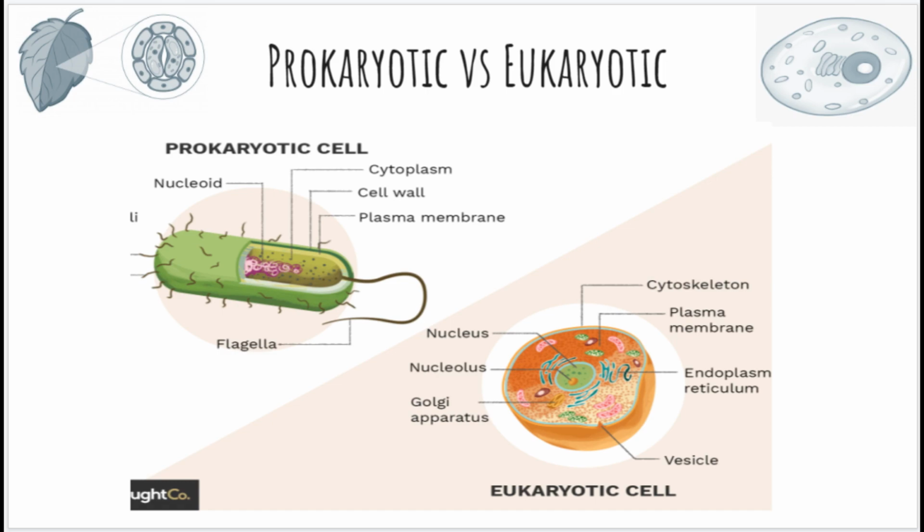So a prokaryotic cell is quite different to a eukaryotic cell. A prokaryotic cell is very small in nature, whereas eukaryotic cells are big in size. The prokaryotic cell lacks a typical nucleus.